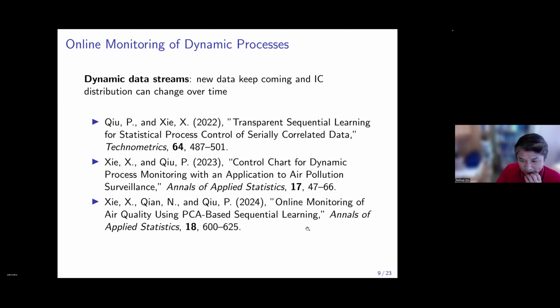The third paper, also in Annals of Applied Statistics, generalizes the second paper's approach to cases when there is a lot of high-dimensional data, with many variables to monitor. Then we need to use a PCA-based sequential learning.